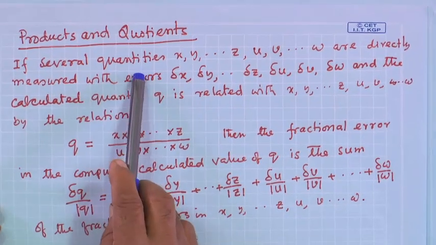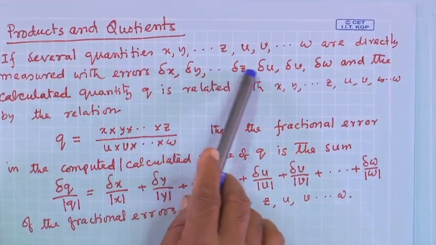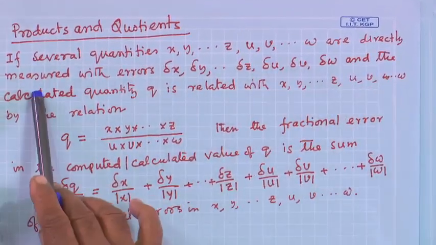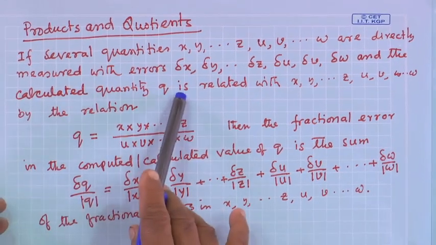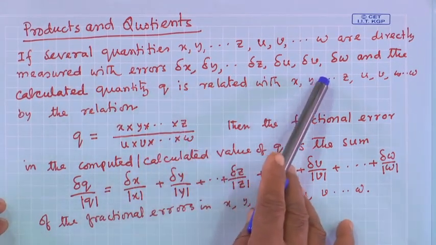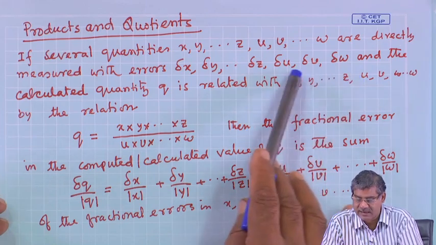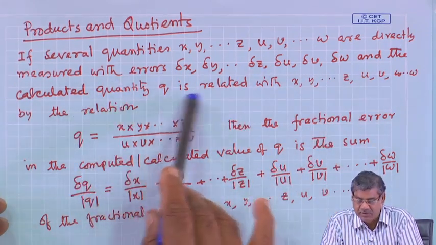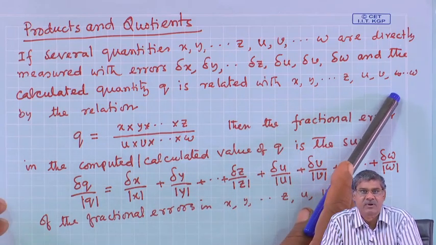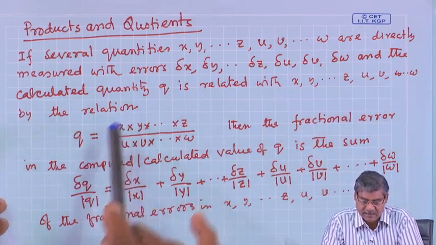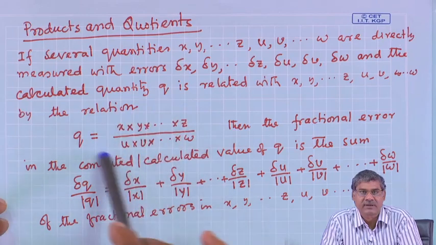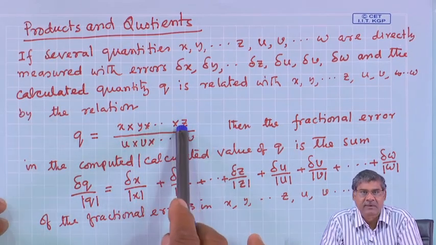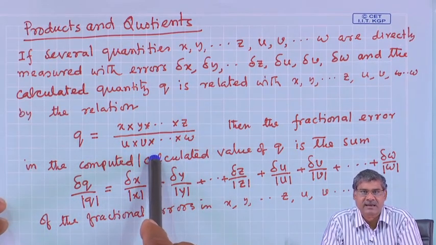If several quantities x, y, z, u, v, w are directly measured with errors del x, del y, del z, etcetera, del u, del v, del w, and the calculated quantity q is related with x, y, z, u, v, w by a relation q equal to this way. So, here both multiplication as well as divisions are there.